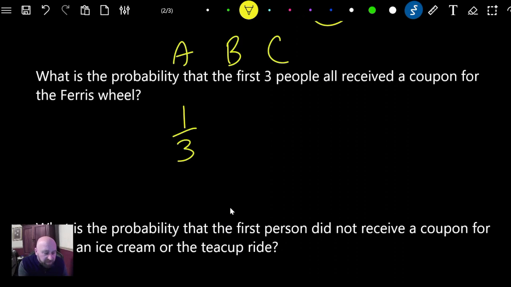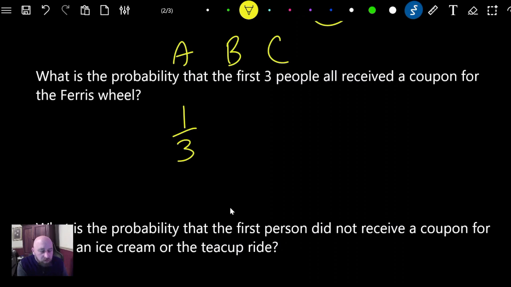Remember, this is an and, so that they all receive the coupon for the Ferris wheel. So in other words, he gets a Ferris wheel, and the next person gets a Ferris wheel, and the next person gets a Ferris wheel. Notice that the word and wasn't used here, but that's what it is. All of them have to get a Ferris wheel. So he gets one, and he gets one, and the third person gets one.